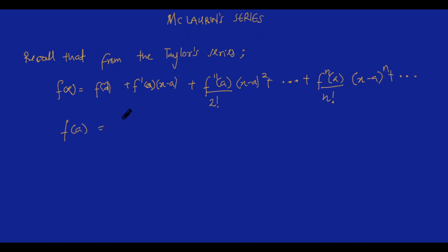So we know that f of x, if we shrink it down using the summation notation, is this.